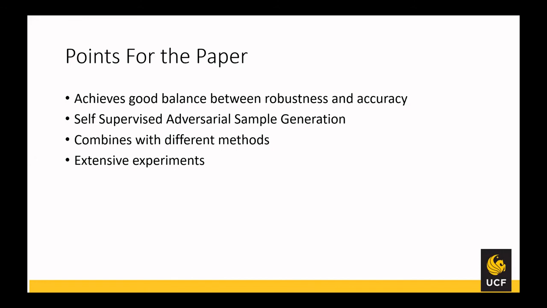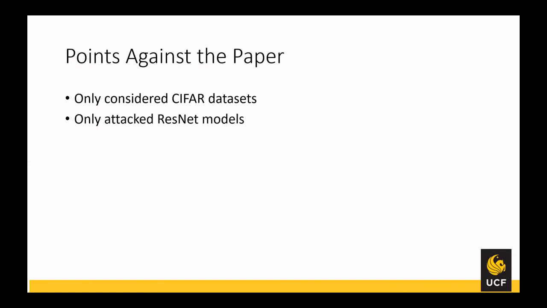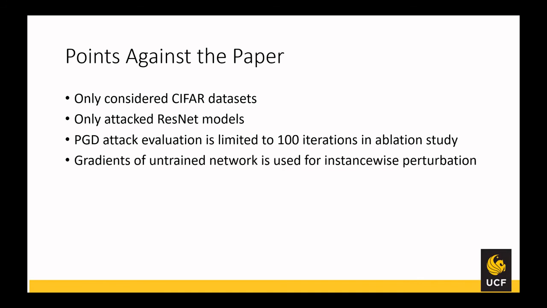They perform an extensive set of experiments, and what I found particularly not good in the paper is that they only consider the CIFAR dataset. They only attacked the ResNet model. Then for the PGD, when they were doing the ablation study, the attack was limited to 100 iterations. Although the results were consistent till the 100th iteration, we did not see the results for greater than that.